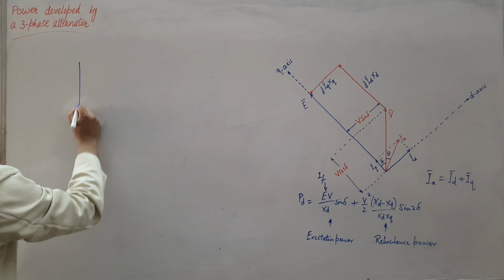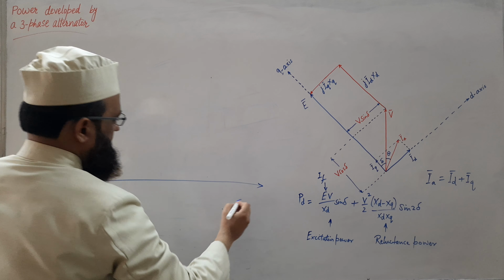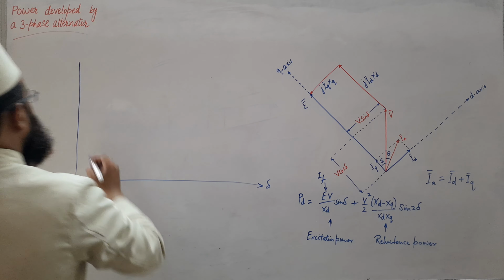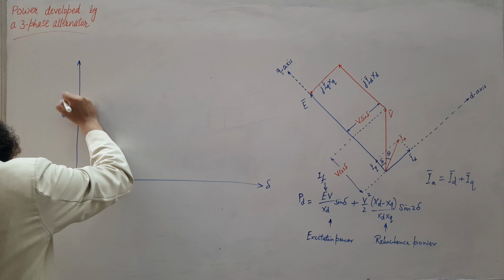Let us take this as the PD axis and this for delta, and this for PD.